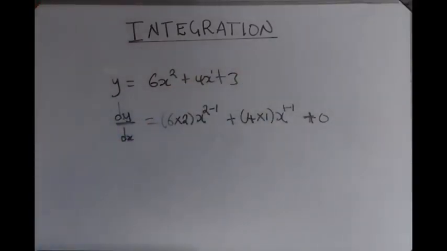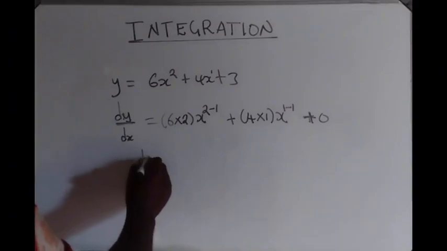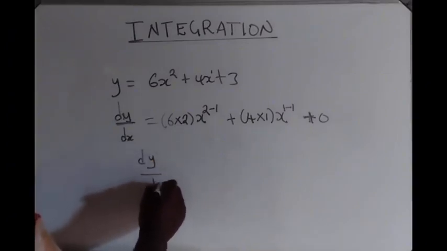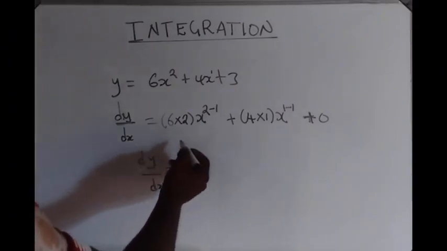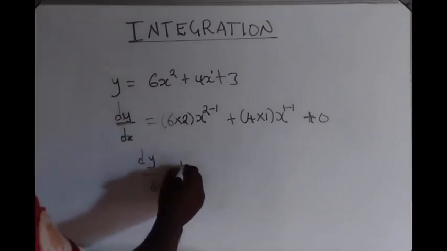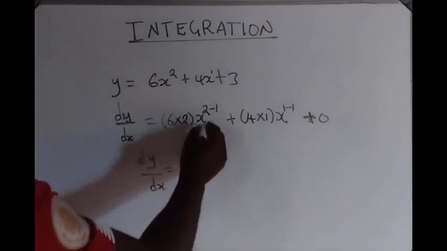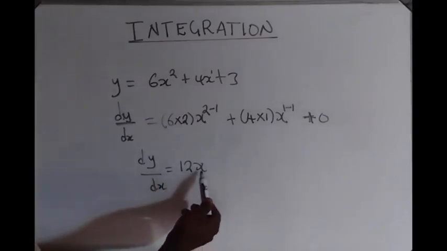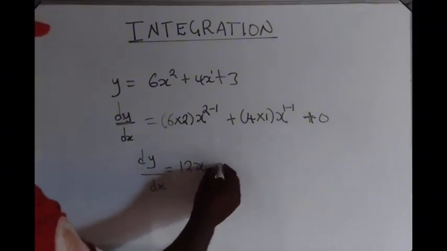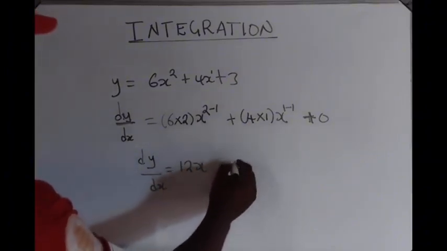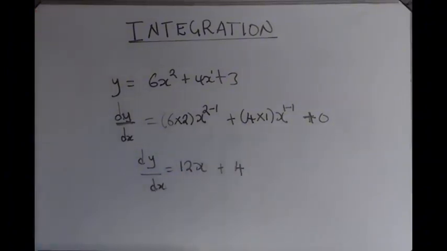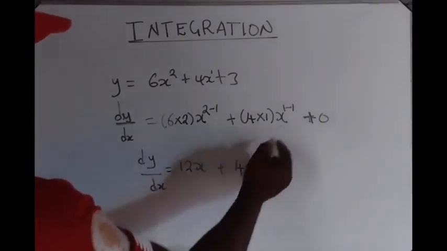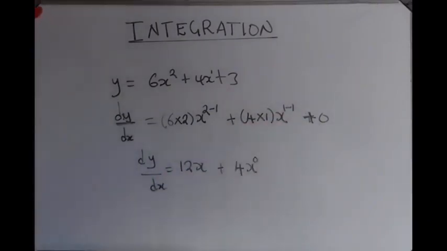Now from there, what are we going to have? We are going to have dy/dx equals, when you multiply 6 times 2, you get 12. x to the power 2 minus 1 is 1, so you are not going to indicate that x to the power 1. Plus 4 times 1, which is 4, then x to the power 1 minus 1, which is 0. Don't include the plus 0.